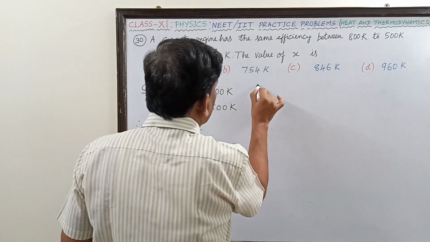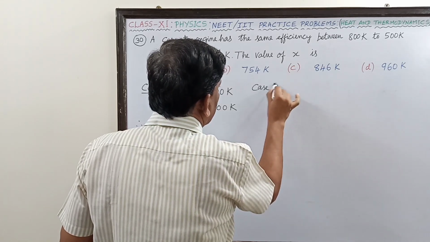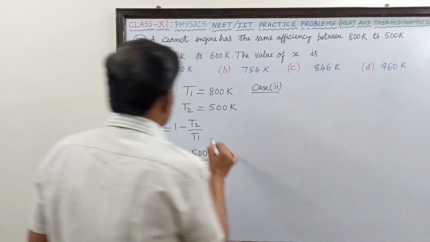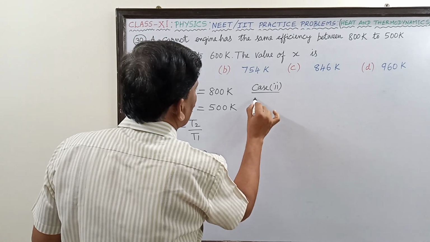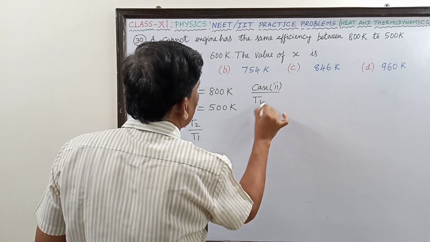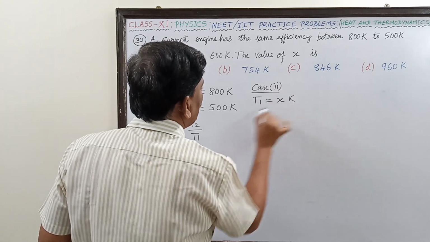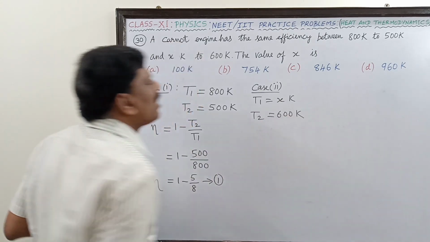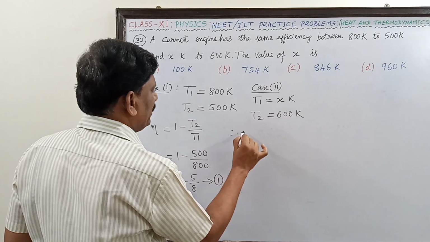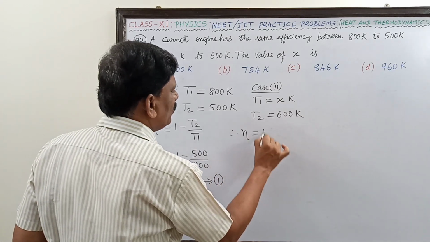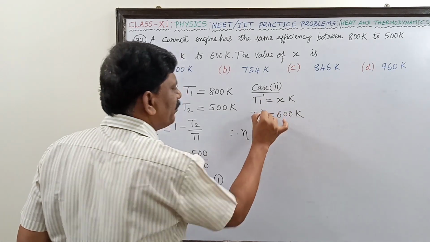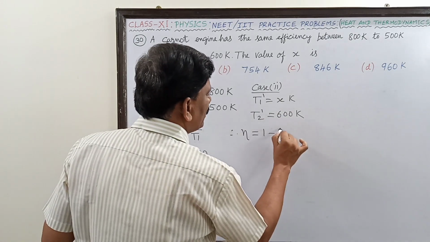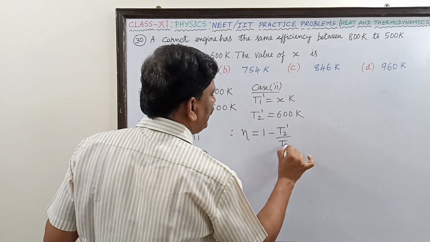Now case 2. In case 2, T1 is equal to x Kelvin and T2 is equal to 600 Kelvin. Therefore, efficiency eta is equal to 1 minus T2 dash by T1 dash, where I take the symbols T1 dash and T2 dash.